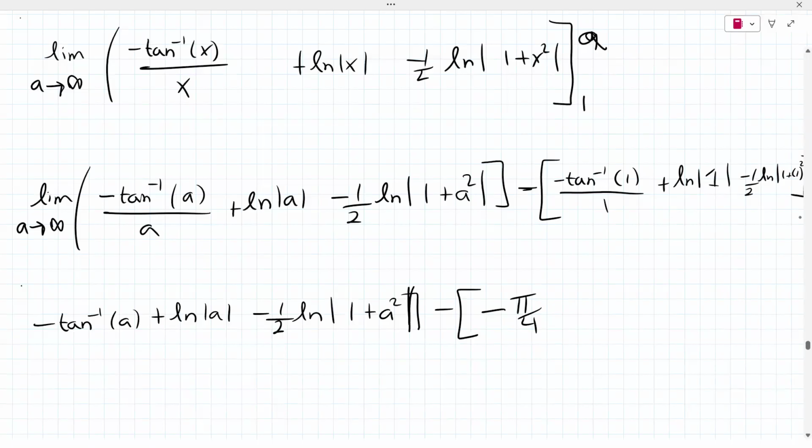And then the ln of 1 is 0. So I'm distributing this minus, so the ln is 0, and then so it's a minus 0. And then it's negative and a negative, so that becomes positive ln of 2.